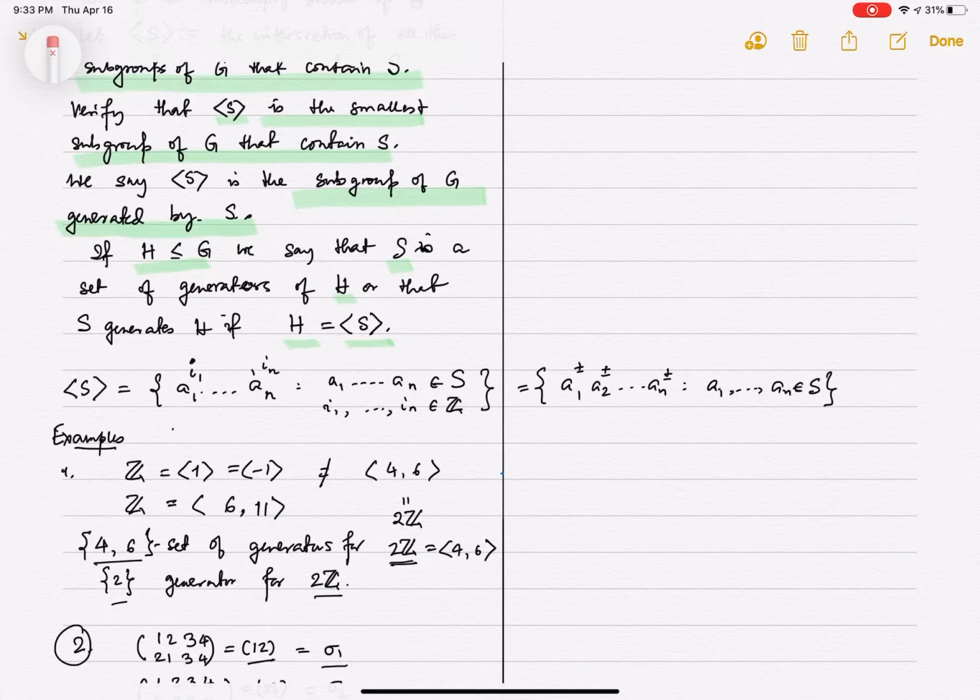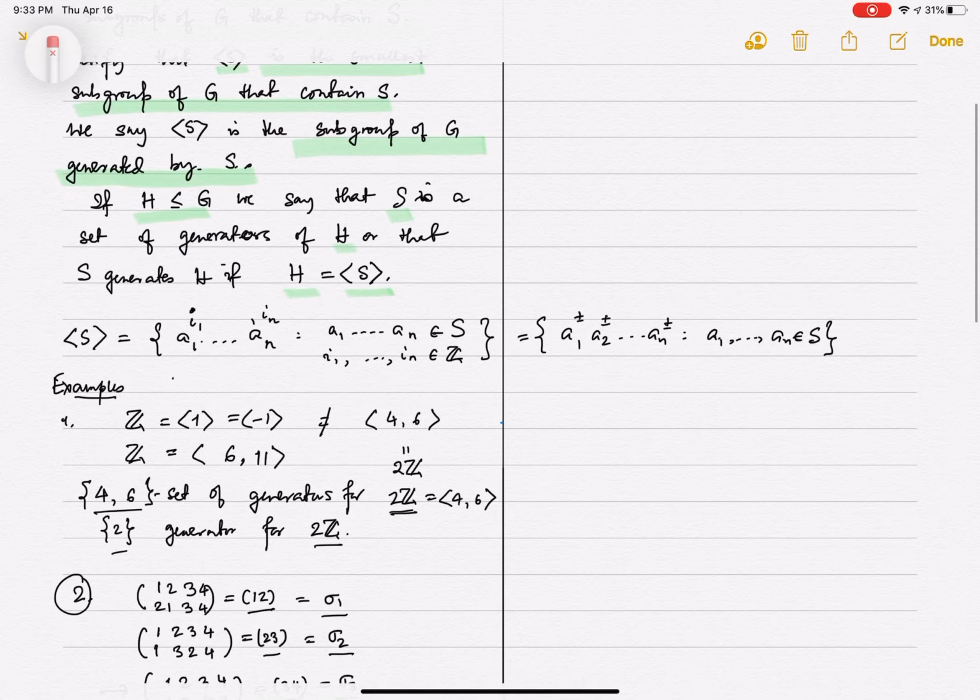Okay. We saw some examples. Say H is a subgroup of Z and assume that it contains 6 and 11. If you know that, then you also know that 2 times 6 is in H. You also know that minus 11 is in H, because 11 is in there.